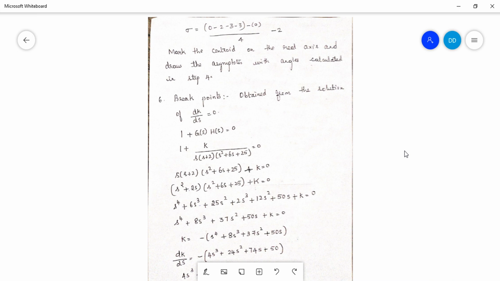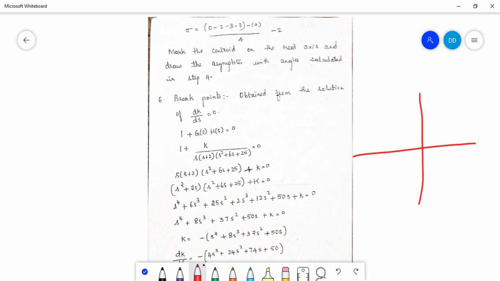Now before coming to the breakpoints, it is necessary for us to identify the section of the real axis where the root locus actually exists. For that, we will just make a rough sketch of the poles. One pole is located at 0, the other pole is located at -2.